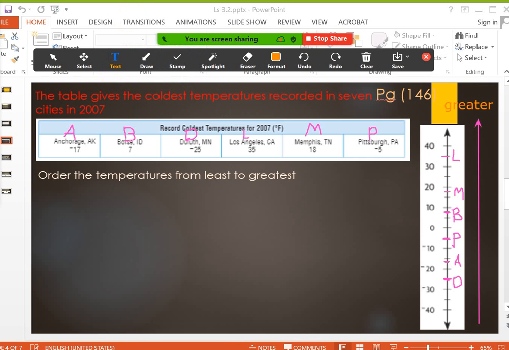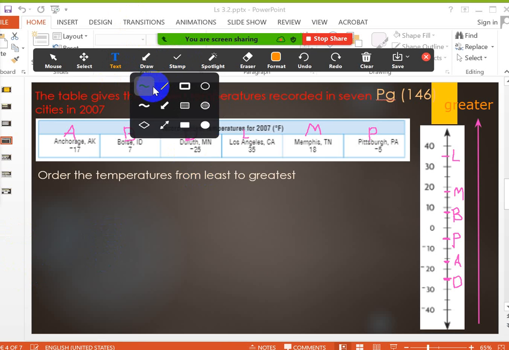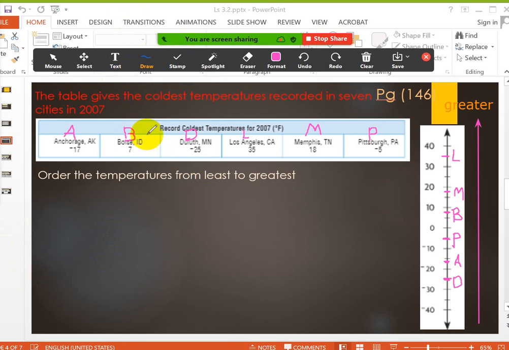Okay, now I will choose you, Lena. What is your name? Yes, Lena. Open your mic. Yes, teacher. Now I want to order the temperatures from least to greatest. After locating the points, I order them.